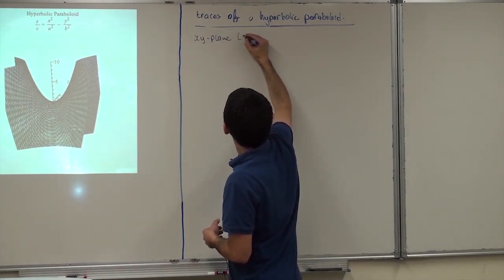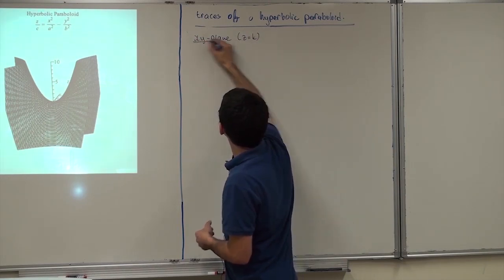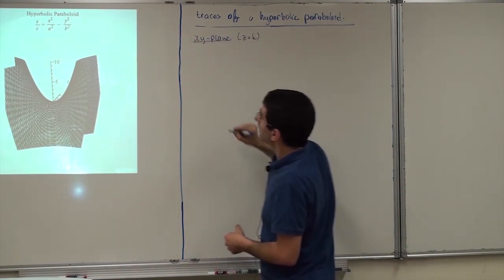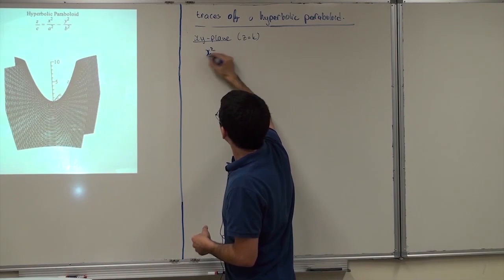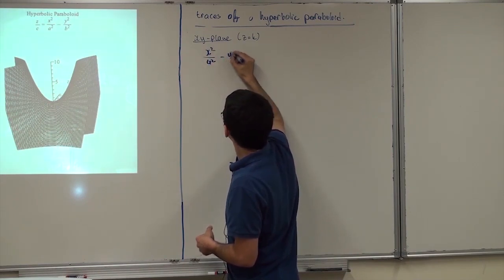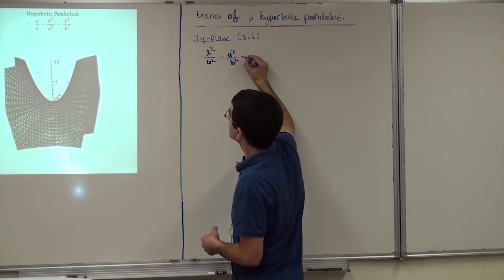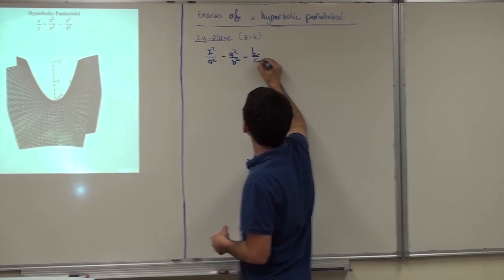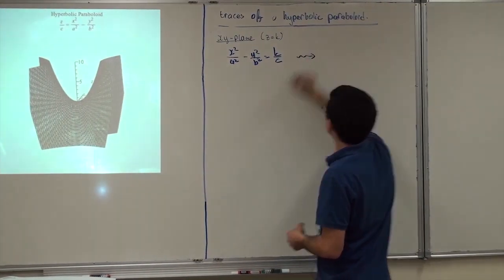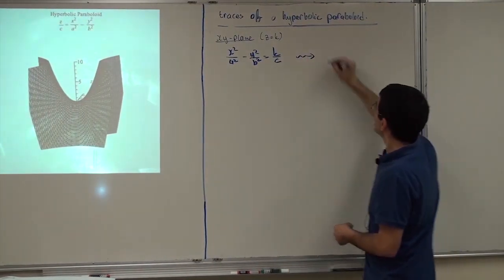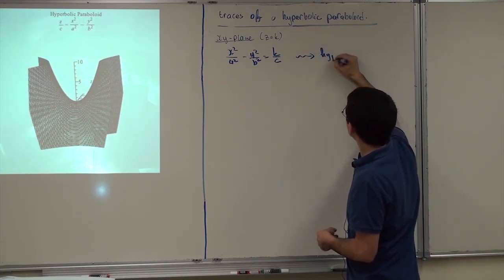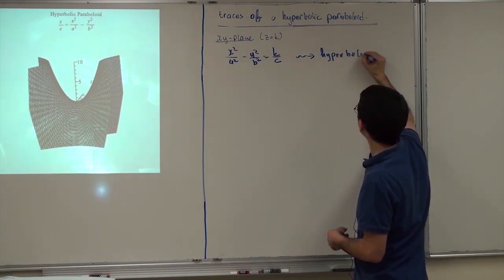The intersection with the plane z equals k, we are going to have x squared over a squared minus y squared over b squared is equal to k over c. And for any value of k, this equation is going to represent a hyperbola.